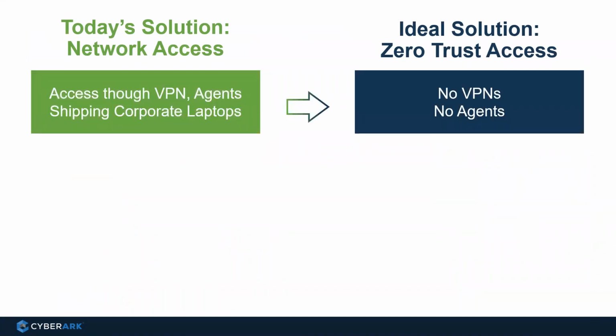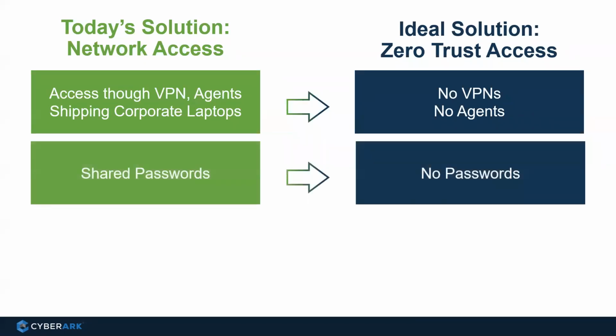So first of all, today we see a lot of VPNs, a lot of agents, a lot of, let's say, boxes like site-to-site VPNs, and you would like to move to the purpose of having no VPNs, no agents at all. Additionally, we would like to have something definitely better than the shared password, and not have the need to create two-factor authentication, which from time to time may be difficult.